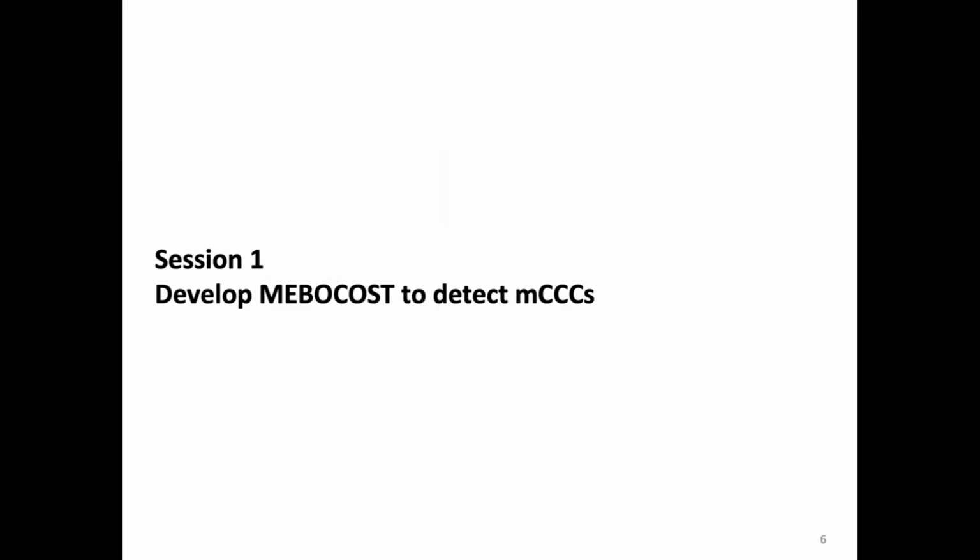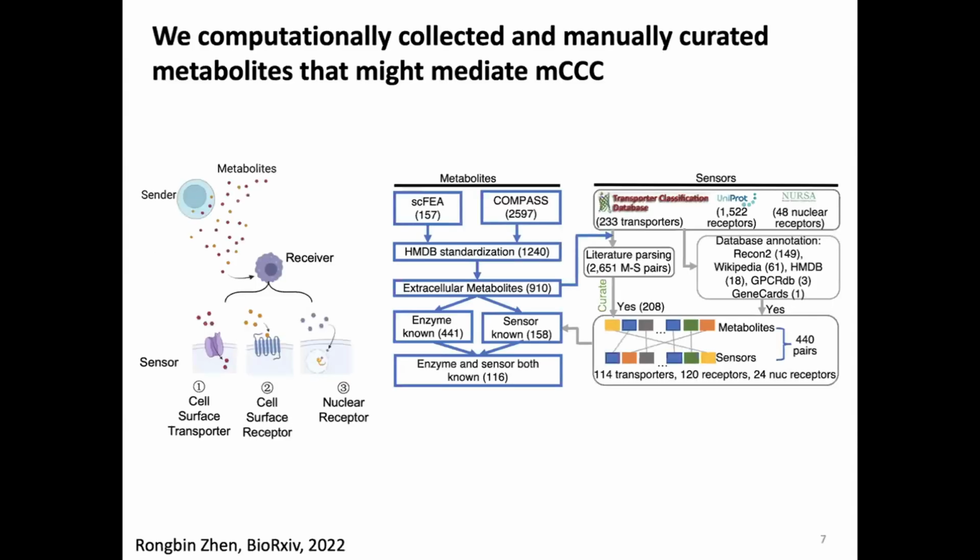Putting all this together, we have the background and the expertise, and we know it's a very important question that needs a tool in the community. So we decided to develop this new algorithm, which we call MEBOCOST.